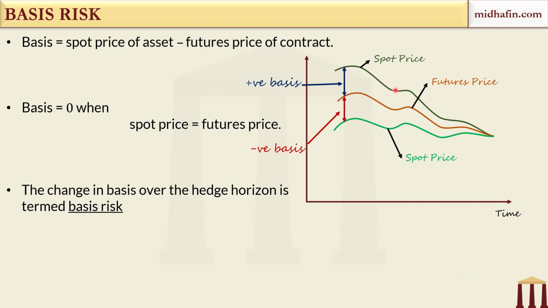Depending upon the spot price, the futures price will also go down. But since initially the futures was much greater than spot, the speed or the rate of change of futures price in the down direction will be much less. This is less steep as compared to this because this was already very high. This has to go to this point. Futures is not that high, so it has to go, of course, in the negative direction only, but a little slower. So this is the directionality.